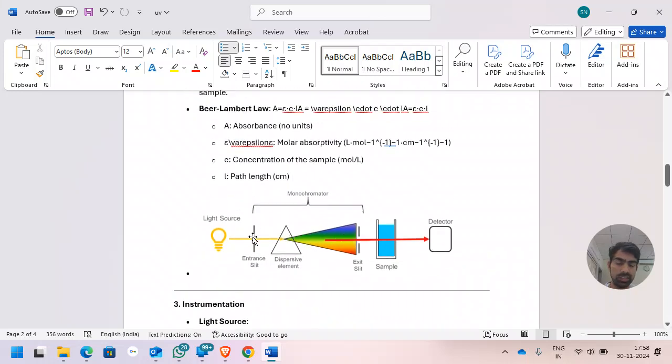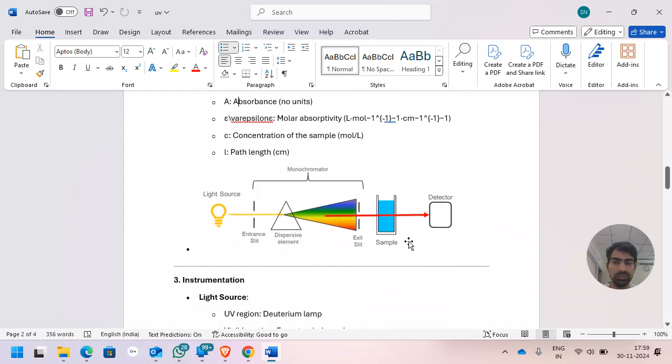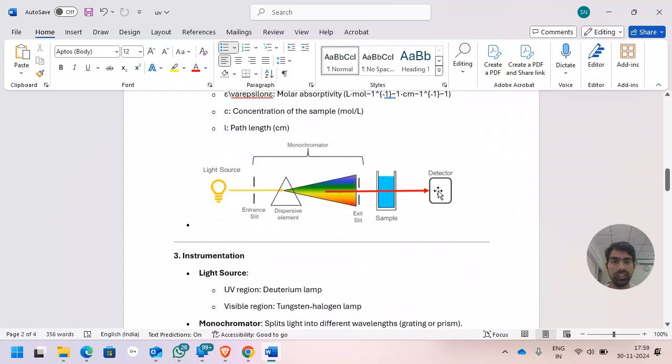For that we need to separate the visible light into different wavelengths, which is done by a prism. The prism separates the different lights, then the monochromator slit separates the required nanometer light to the sample. Then the sample is detected.